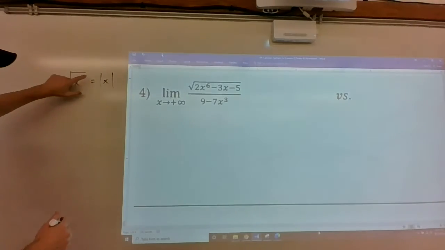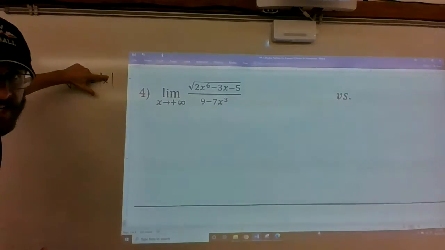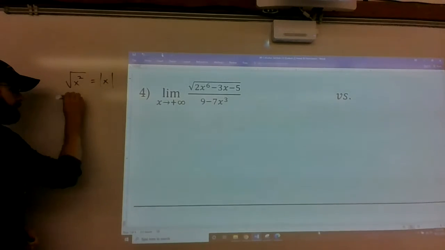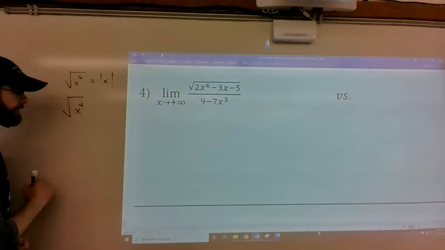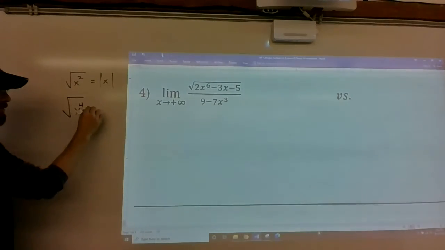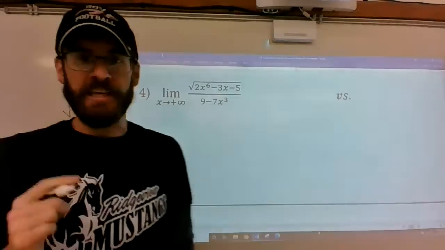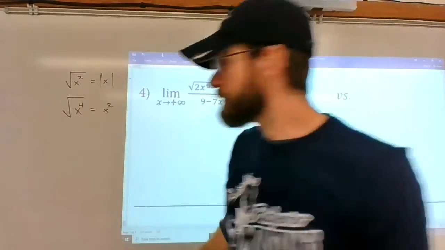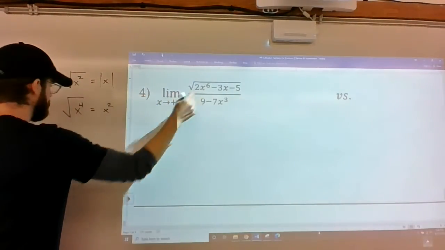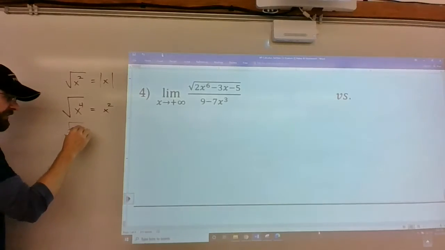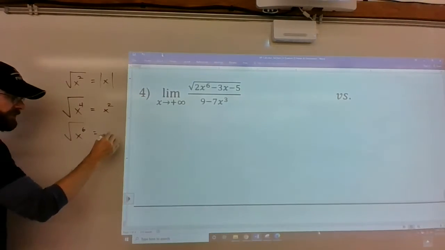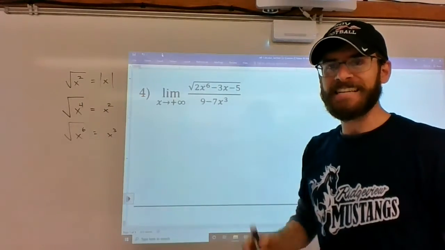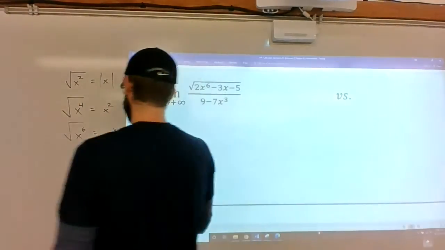Even root to odd power, x to the 1, yields absolute value bars. Okay? Square root x to the 4th yields an even power here. No absolute value bars. Root x to the 6th equals x cubed. Odd power yields absolute value bars.